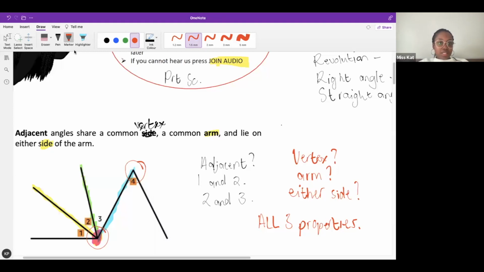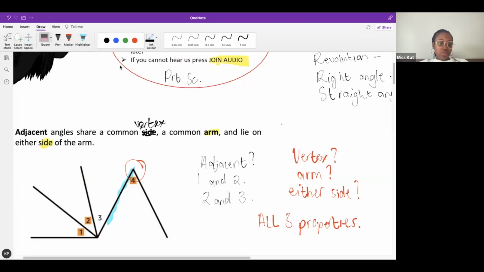Dwayne says, please explain the arm again. Okay, Dwayne, let's look at number 1 and 3 specifically. I think they're easy ones to see that they're not adjacent. The arms of an angle are these two lines that make up the angle.